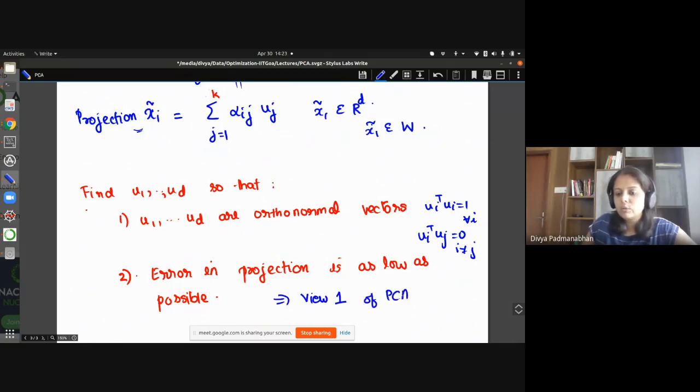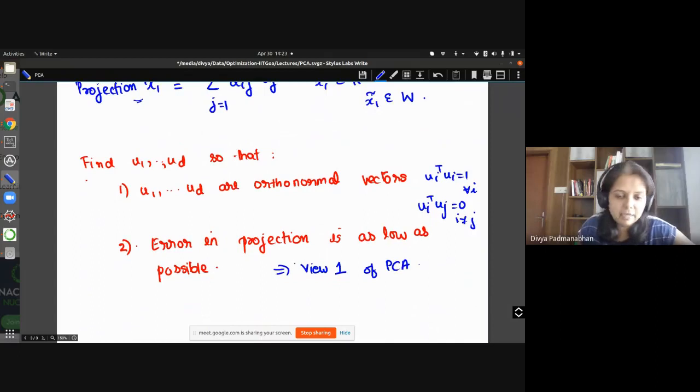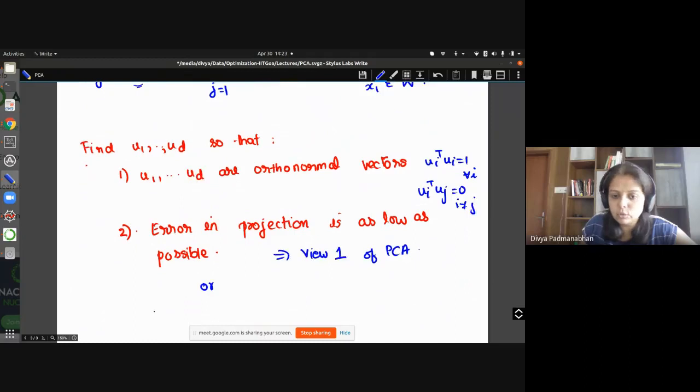Now instead of minimizing the error in projection, another view of PCA is where you try to maximize the variance in the projection, the variance in the ultimate projections x bar i, for all the data points.